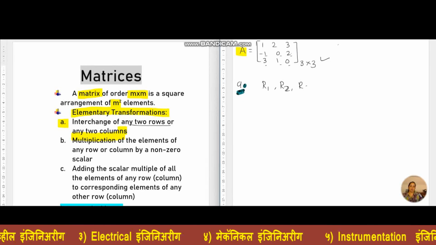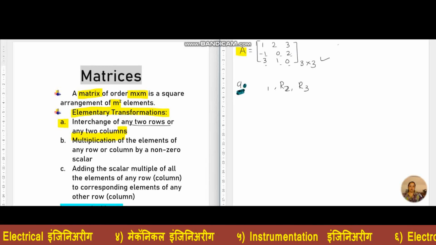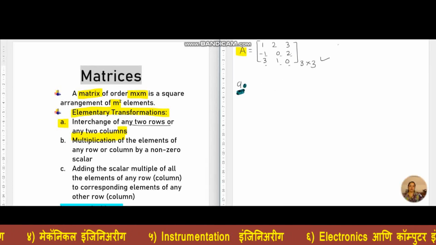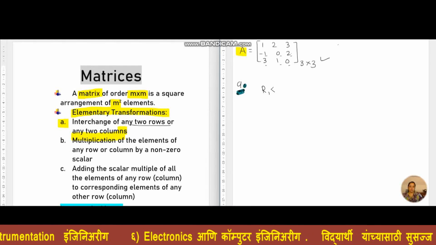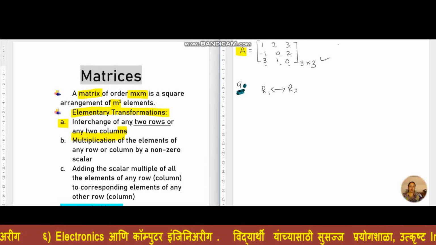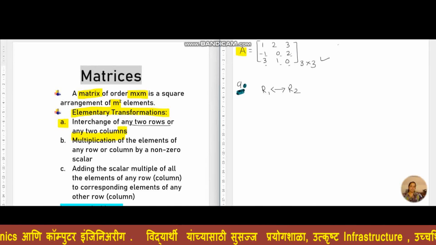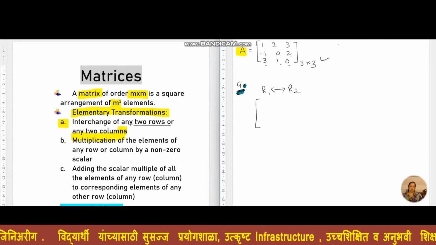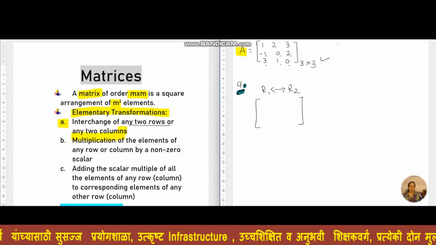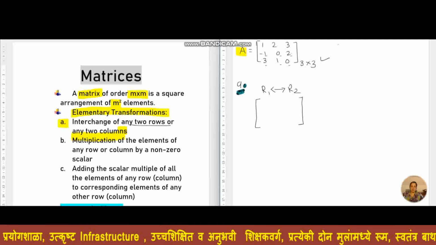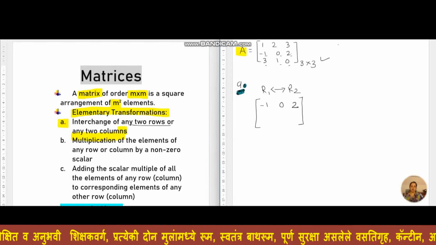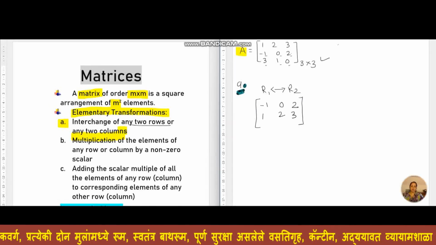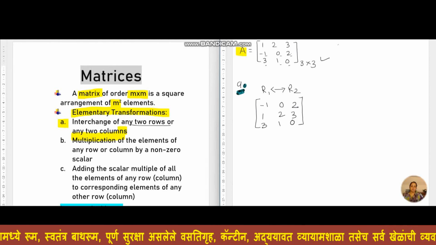So if we consider the operation interchange of R1 and R2, then we denote this operation by R1 interchange with R2. So matrix A is converted to write R2 in place of R1 and R1 in place of R2. So our converted matrix is minus 1, 0, 2; 1, 2, 3; 3, 1, 0.